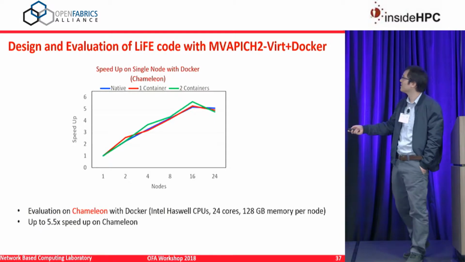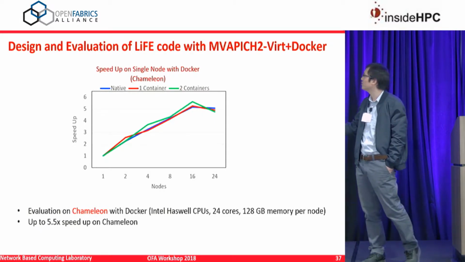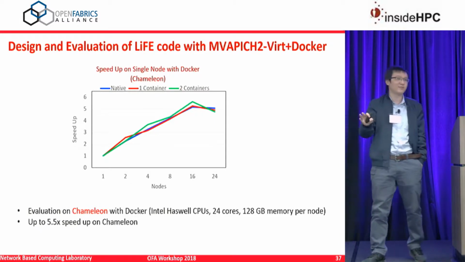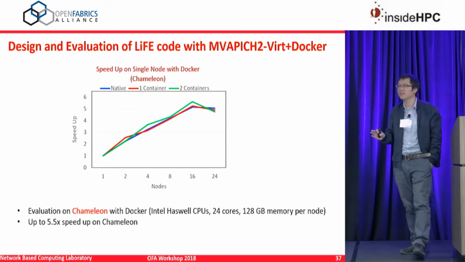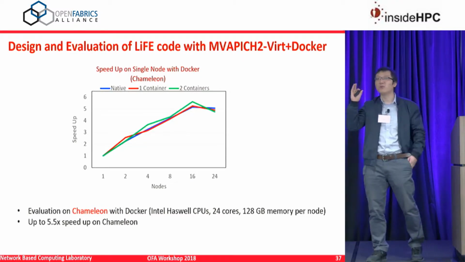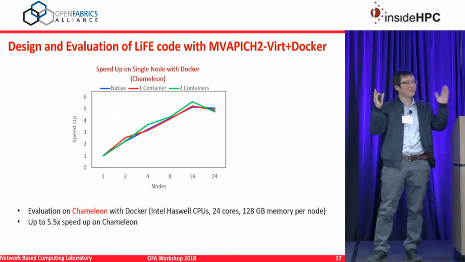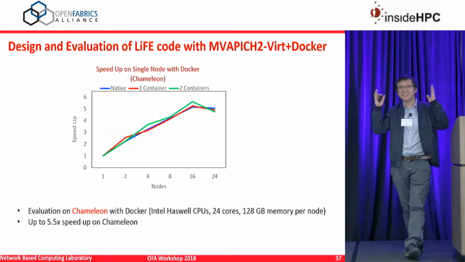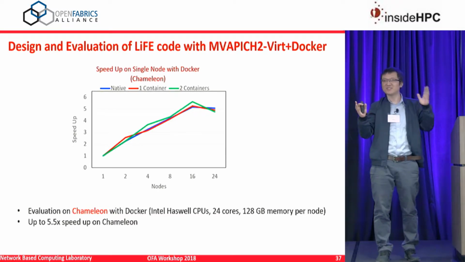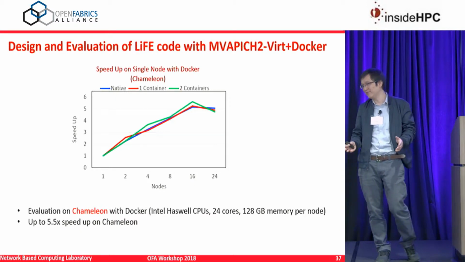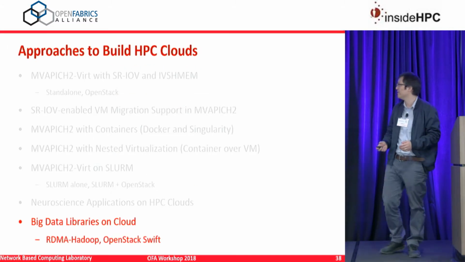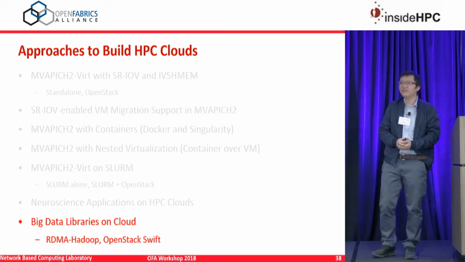Here, we compare native performance with one container and two container cases. We see almost the same performance. There's no difference. In this way, we are able to help a whole domain. You use our solution, you are able to deploy everything very easily, just one command, and you get near-native performance. This is how cloud should work. We believe that. So this is some story from the HPC side.